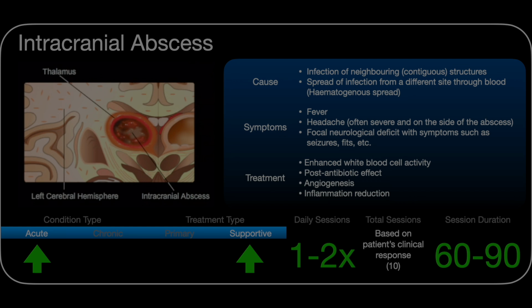The patient could present with symptoms including fever, headache, and focal neurological deficit, with symptoms such as seizures, fits, etc. The use of hyperbaric oxygen therapy within the context of intracranial abscesses would rely on immunomodulation or the enhancement of white blood cell activity, enhanced antibiotic activity, the so-called post-antibiotic effect, angiogenesis, the formation of new blood vessels, and the reduction in edema within the brain itself.